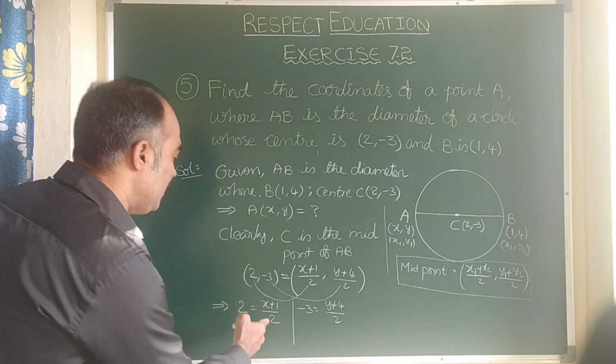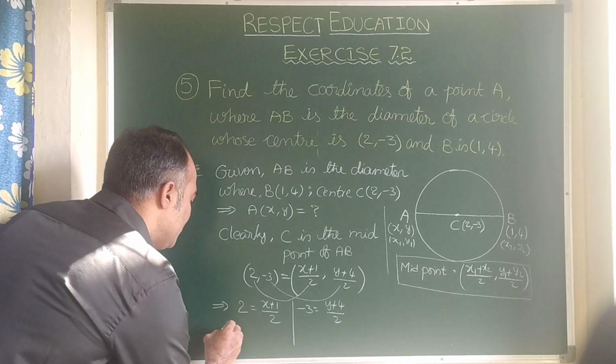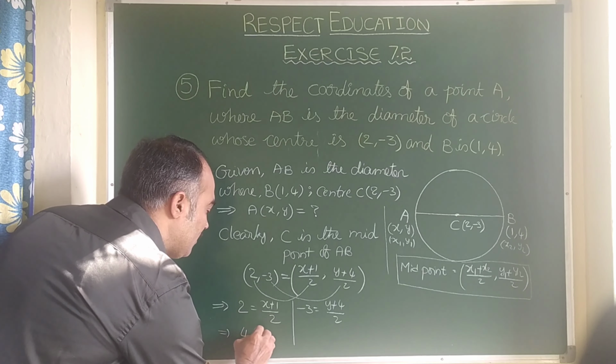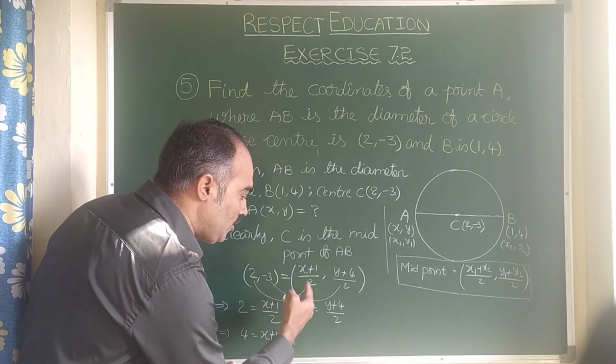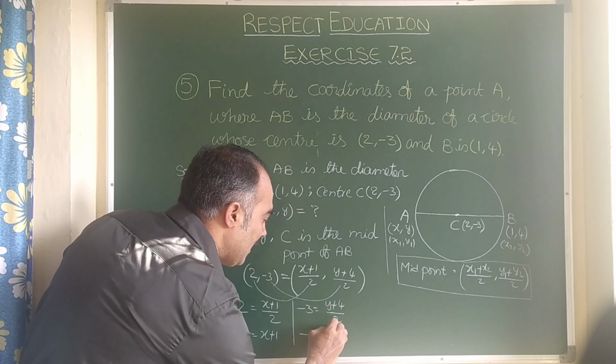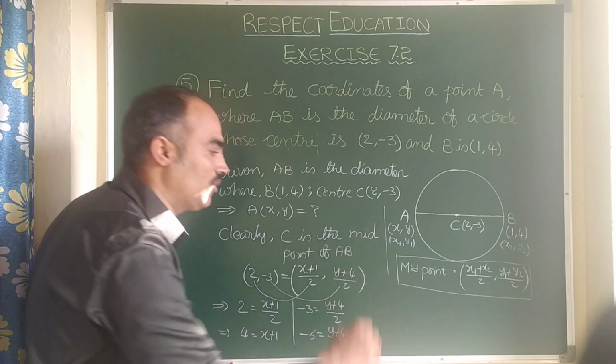Let us simplify. 2 twos are 4, so 4 equal to x plus 1. And this side 2 into -3 is -6, so -6 equal to y plus 4.